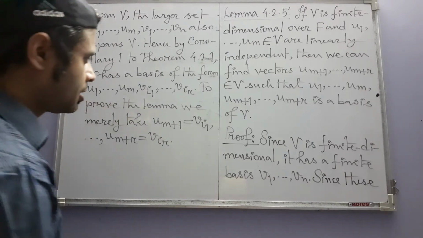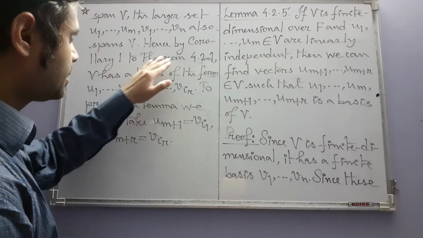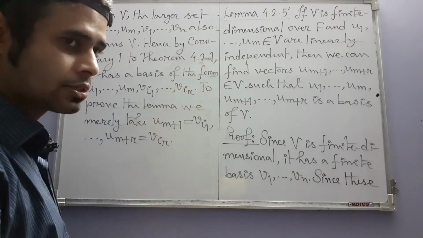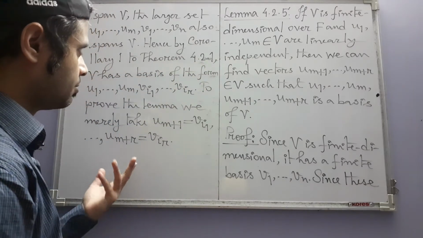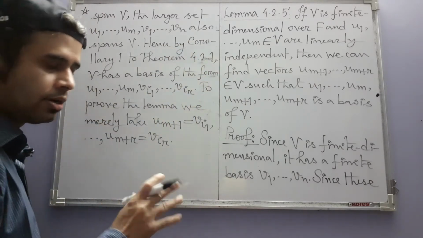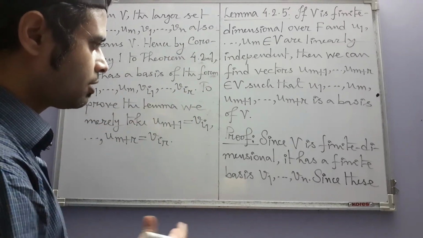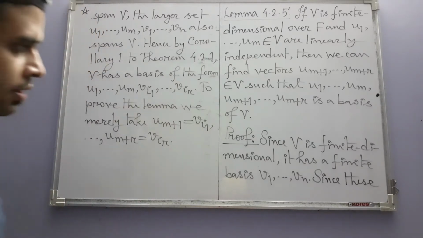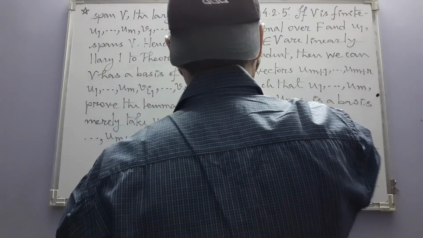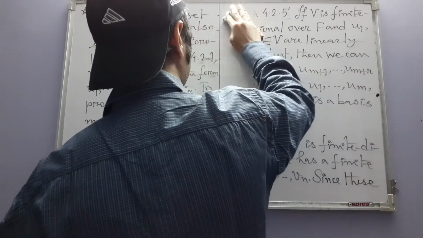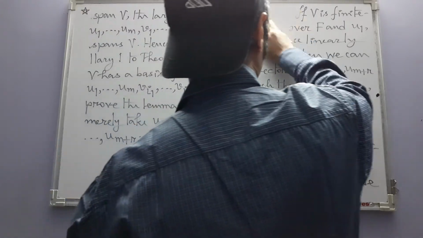Now, one more thing is there. How exactly we have used this corollary 1 to theorem 4.2.1? Let's just see that also. And since the statement of this corollary is a little involved, we may not remember it. So let's briefly recall what this corollary says and how exactly we are using it here.